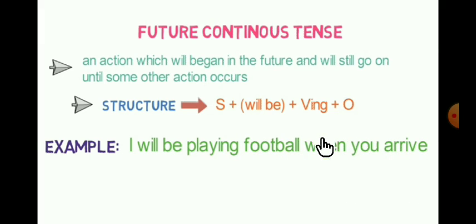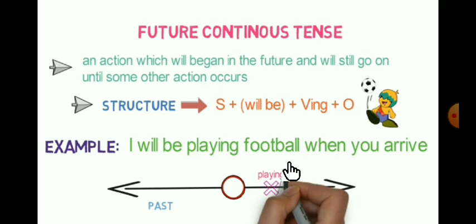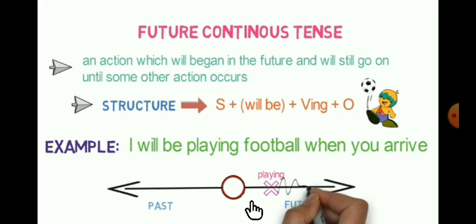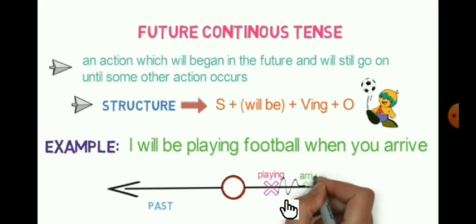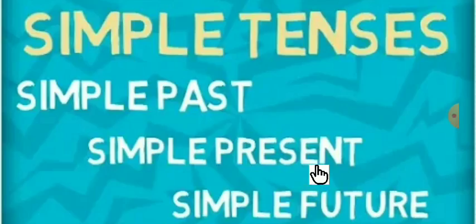Here we have an example: I will be playing football when you arrive. See the sentence structure, this formula is applied in this sentence. I plus will plus be plus playing football, when you arrive. So this action is taking place somewhere in the future, playing, and a person arrives, so he talks to that person and it is stopped.